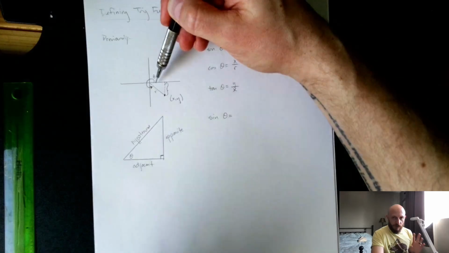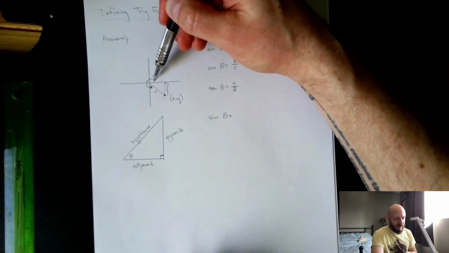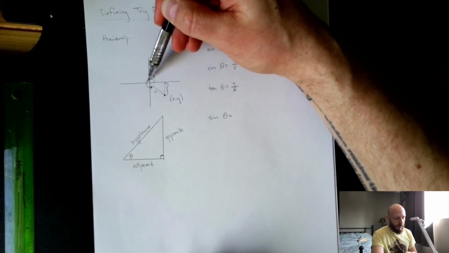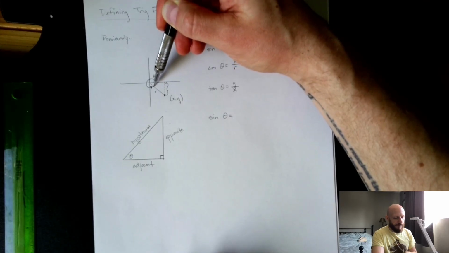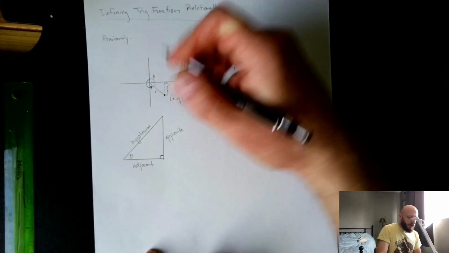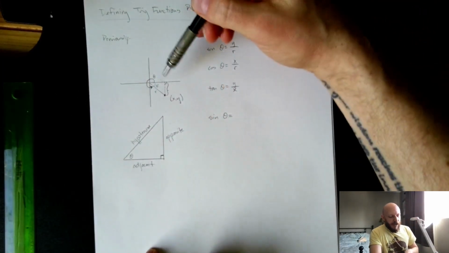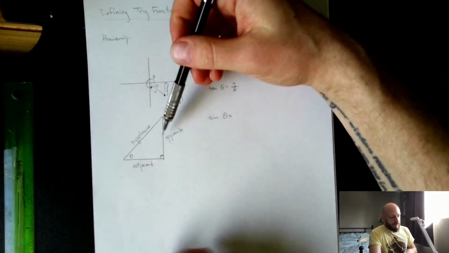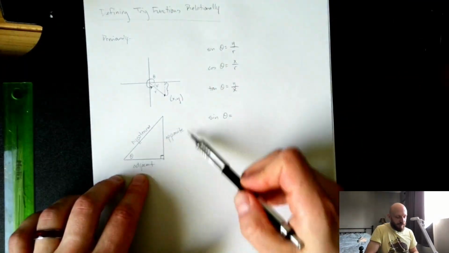Even though we labeled theta differently, in the analytical case, theta is this whole angle on the outside rather than the angle on the inside of the triangle. But you could call this angle on the inside maybe theta prime. And in that way, you get this exact same relational definition of the trig functions.